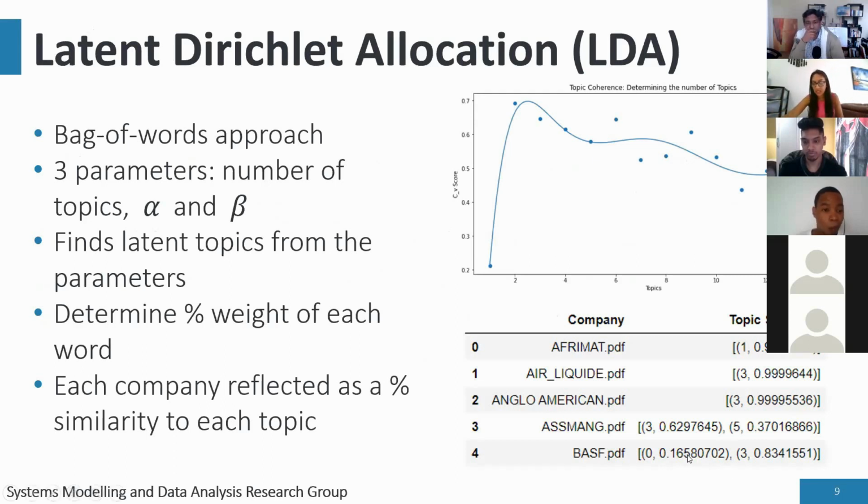Here we can tell it's 16.5% topic 0 and 83.42% topic 3. So that becomes really useful when we're looking at industrial symbiosis pairing, because not only can BASF be paired with other companies because of topic 3, they can be paired maybe slightly or in certain aspects with companies that are also grouped in topic 0. So this really helps to open up more options and find more pairs for industrial symbiosis.